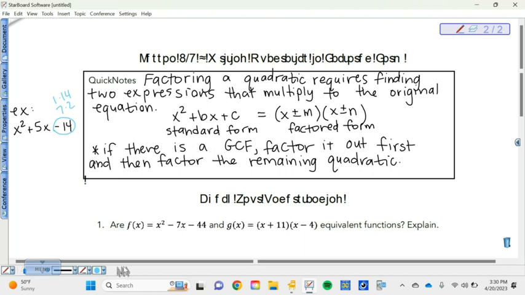And then I think, which of those pairs can I add or subtract to get to 5? 7 and 2. How do I get to 5 from 7 and 2? 7 minus 2. So that's a positive 7 and a negative 2. Let me write that down here: positive 7 minus 2 gives us this 5. So that means my factors are going to be x plus 7, x minus 2.